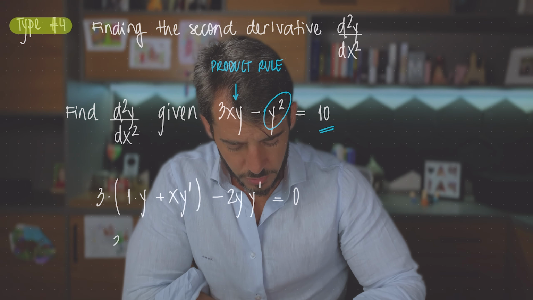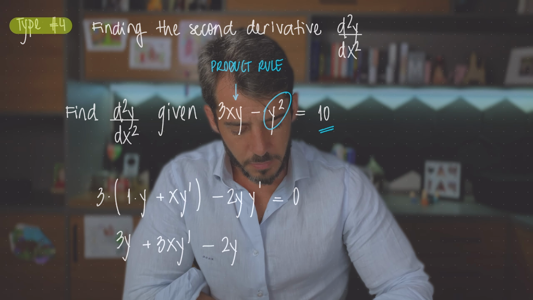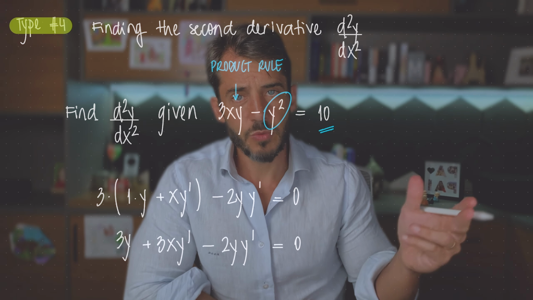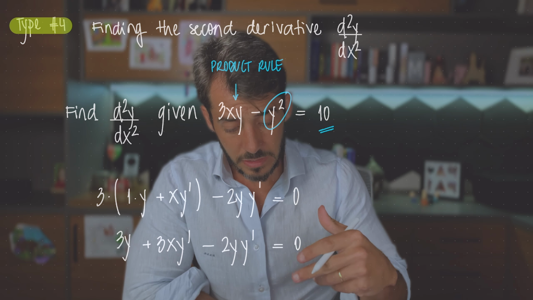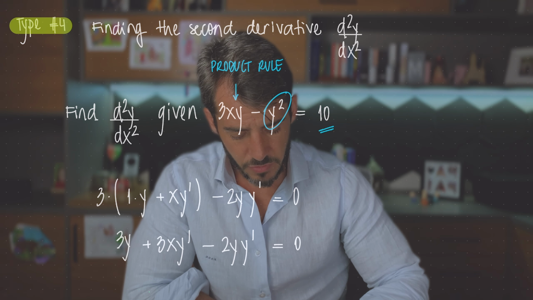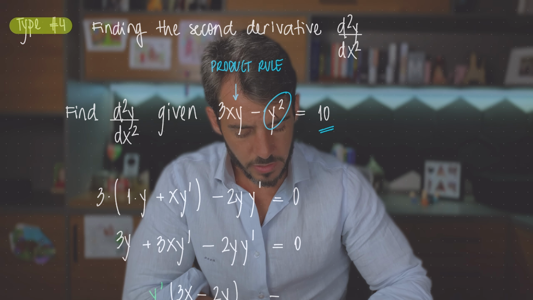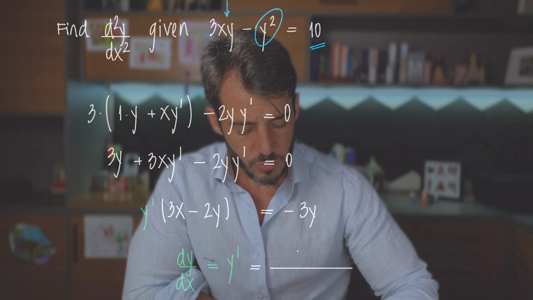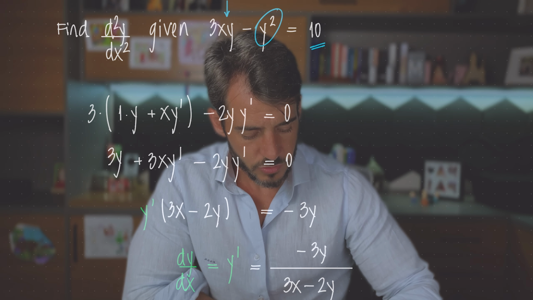We can FOIL here: 3y plus 3x y prime minus 2y y prime equal to 0. We can move the 3y to the right and factor out the y prime on the left, which gives us the following. Y prime times 3x minus 2y equals negative 3y. Therefore, our y prime, which is dy dx, equals negative 3y over 3x minus 2y.